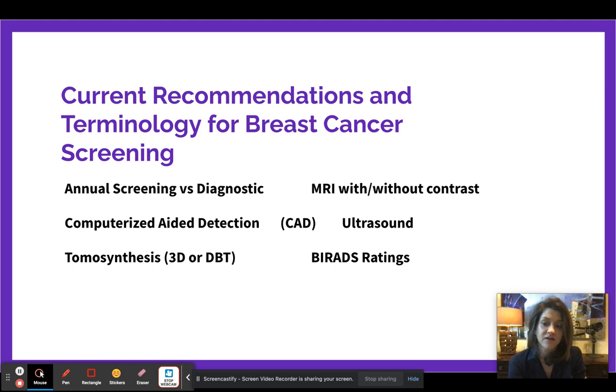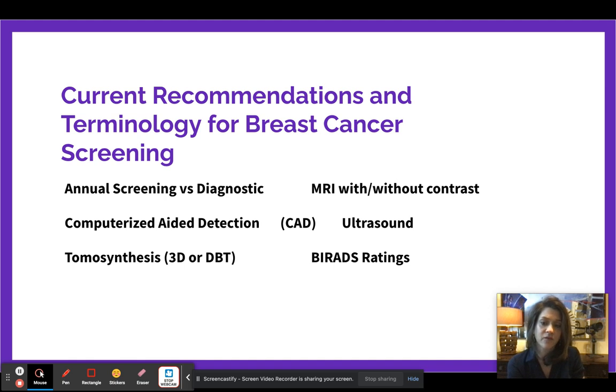The radiologist can also use computer-aided detection, and that's always left up to the radiologist, or sometimes you can add that to the order. The other part that's quite commonly known as 3D is tomosynthesis, and this allows the radiologist to create a three-dimensional image of the patient's breast and go through the breast layer by layer.